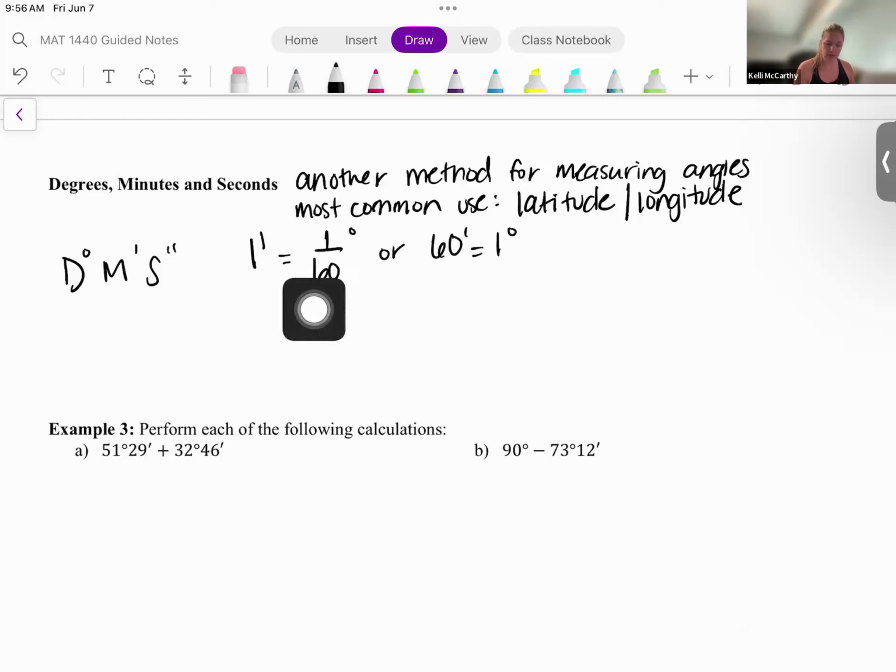And I can find this just by rearranging this, multiplying both sides by 60. 1 second is equal to 1 over 60 minutes. So it's a 60th of a minute. Likewise, we can rearrange this for a little bit easier of a conversion. We know that 60 seconds is equal to 1 minute.